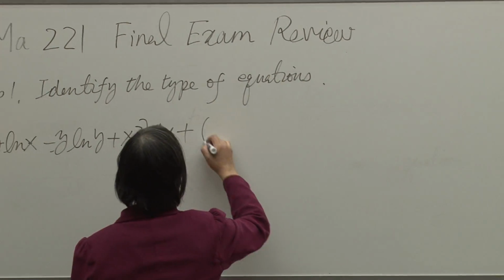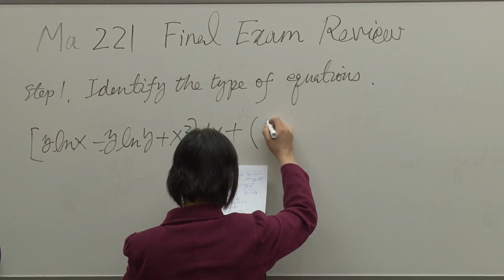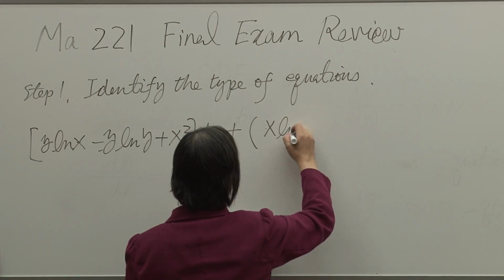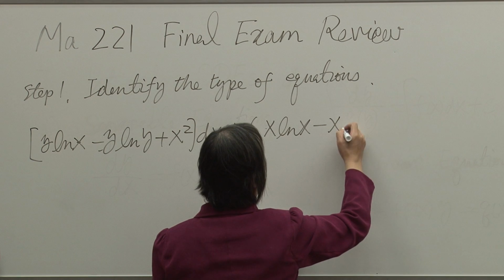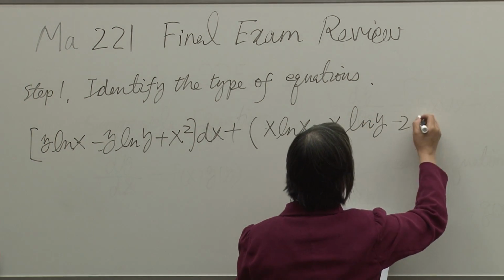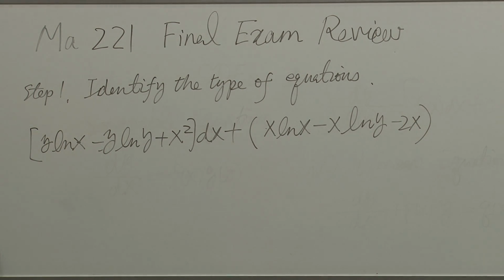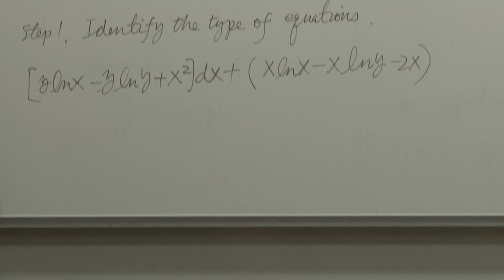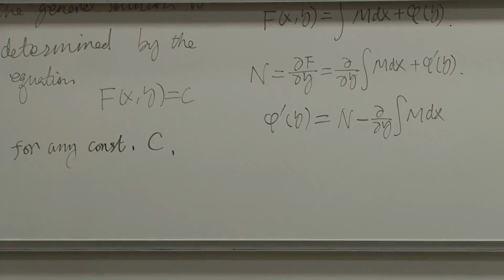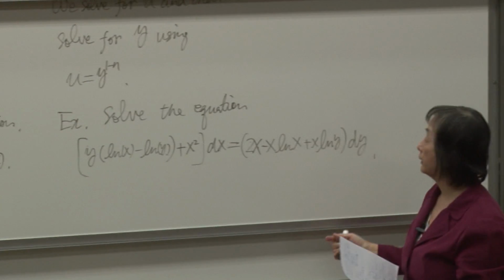So we got the quantity, say, x times log of x minus x times log of y, and then minus 2x. Let's see. Here I made a mistake. Here, this should be 2x instead of 2.